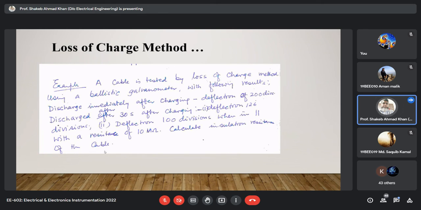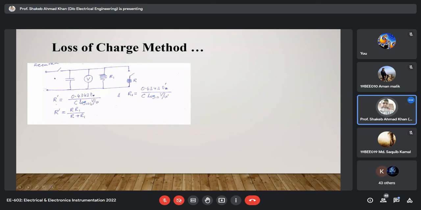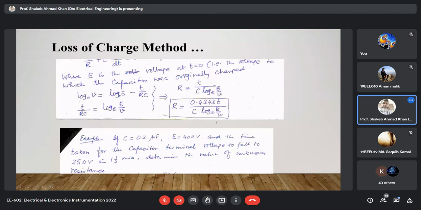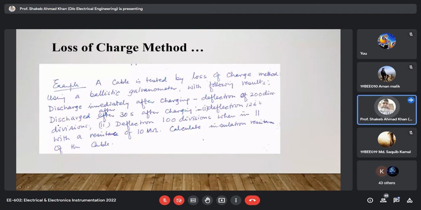In this case, if you look closely, in terms of the formula, this is your original formula.